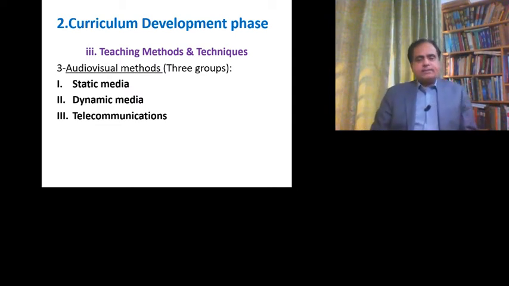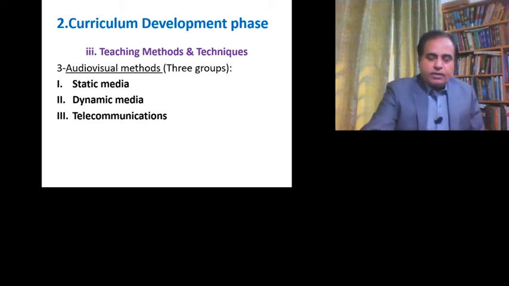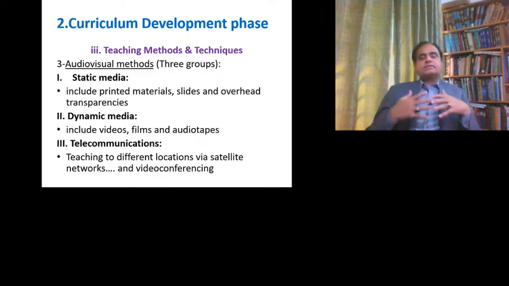The third teaching method here is audiovisual methods, and there are three groups or modes: static media, dynamic media, and telecommunications, because of the technology. What do we mean by static media? It is printed material, slides, and overhead transparencies.